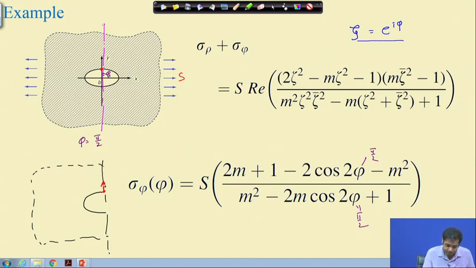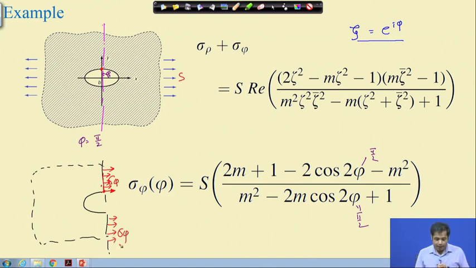Sigma phi will be stress not in this direction, because, just 1 minute. So, sigma phi, you want to find out stress here. So, sigma phi will be stress in this direction. This is sigma phi. Now, if we take the entire thing, these will be sigma phi.